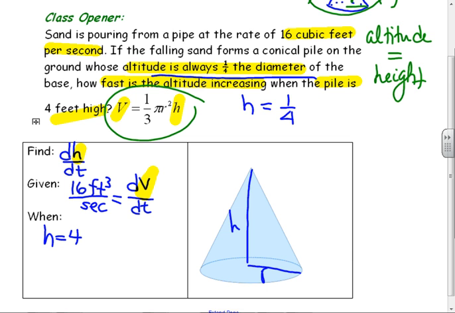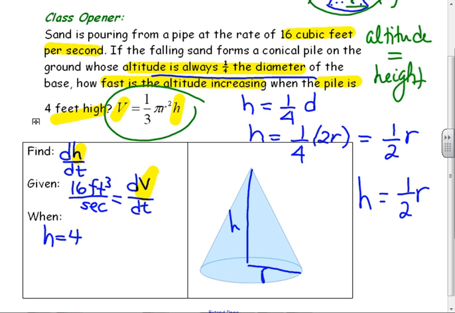What's the diameter? So H is equal to 1/4 of 2R, which simplifies to 1/2 of R. I want to get rid of R. H equals 1/2 of R, so what's R equal to? 2H. Is that okay?